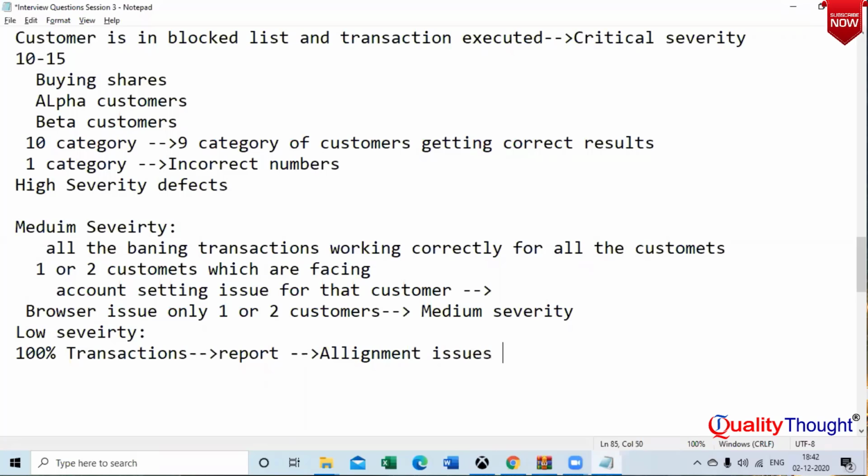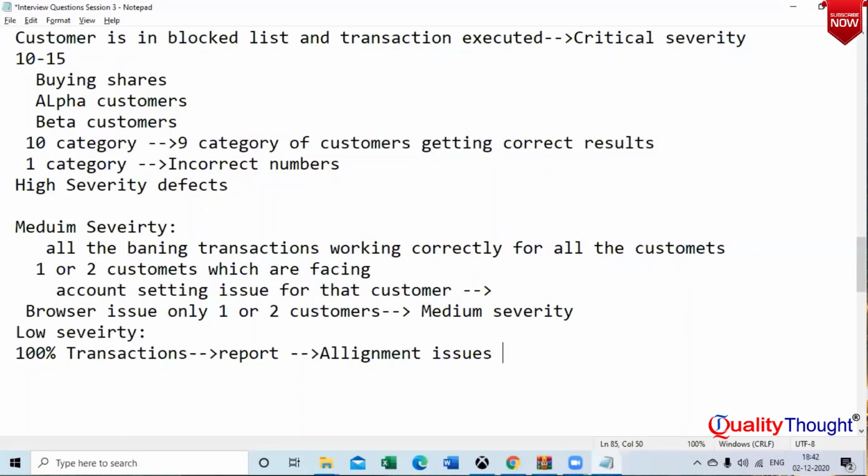We escalated those alignment or format issues. These are not really affecting any user. Negligible impact. We call them cosmetic defects, and low severity defects can be easily corrected.